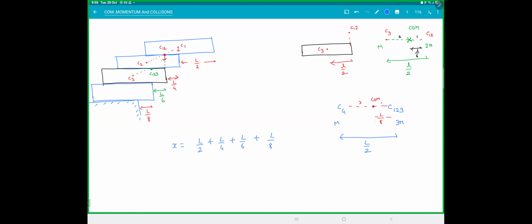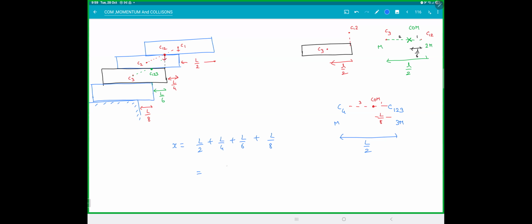Are you clear how we did this? So center of mass of the first plank should pass through the edge of the second plank. The center of mass of the first and the second plank should pass through the edge of the third plank. Center of mass of 1, 2, 3 should pass through the edge of the fourth plank. And center of mass of 1, 2, 3, 4 should pass through the edge of the table. Are you clear with this? And this will form a harmonic progression.